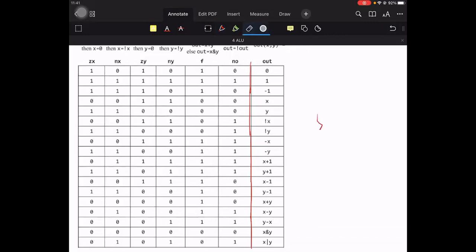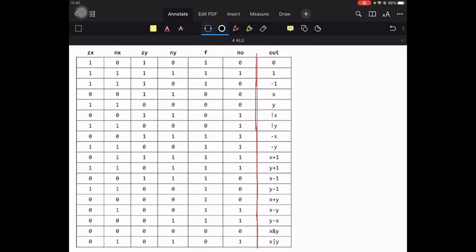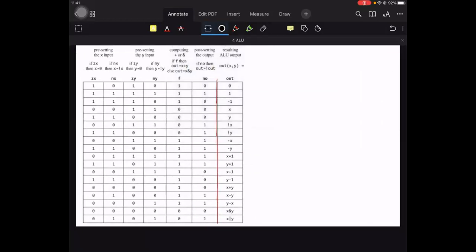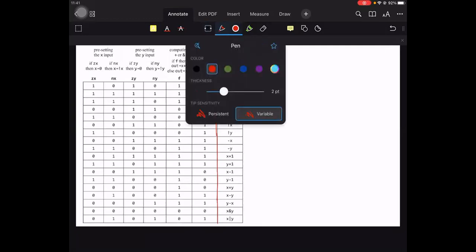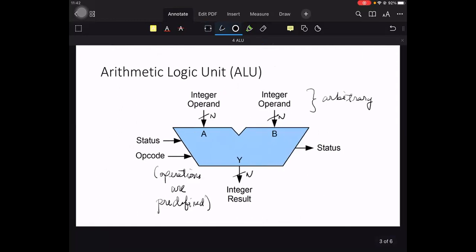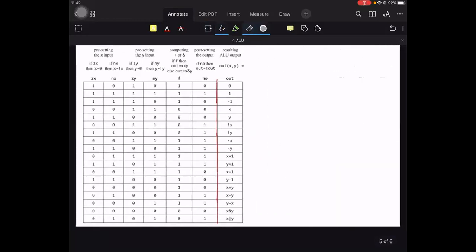So this is the symbol of the ALU. First the input, then the output, then the opcode. Let's ignore the status outputs as of this time.